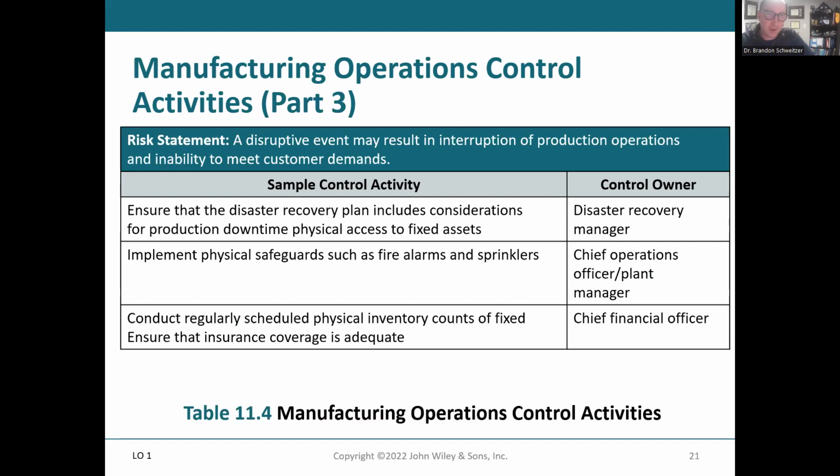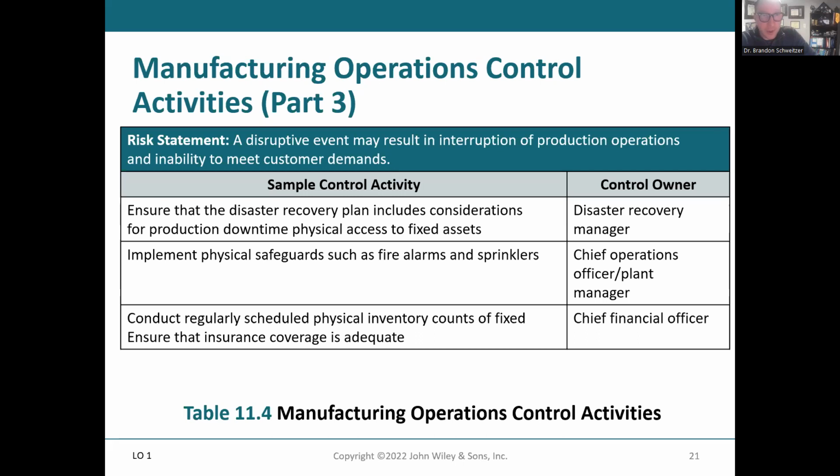And then one of the last risks we'll talk about when it comes to manufacturing operations controls is a disruptive event. And this could be caused by a couple of different things. A disruptive event could be a physical downtime because machinery had broken, or a natural disaster, or something along those lines.